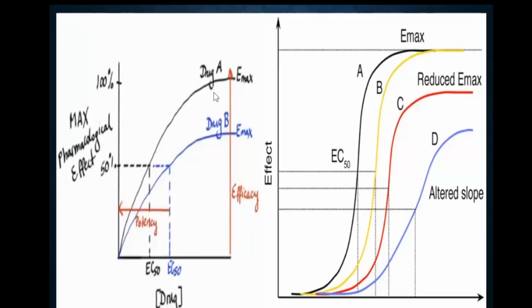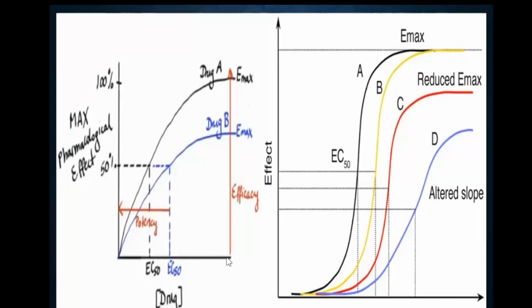Again, maximum efficacy is your Emax. EC50 is the effective concentration to reach 50% of the response. Okay, 100% response, 50% response. So we have drug A, which is a full agonist and very highly potent, so it has a lower EC50 to reach 50% of the response.